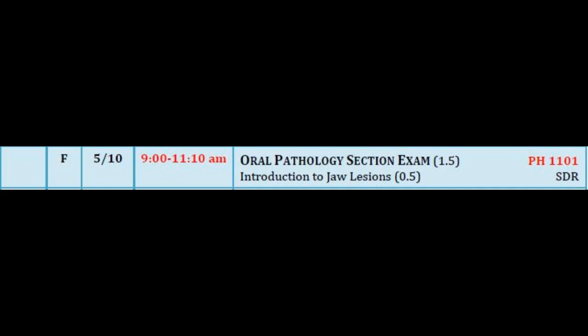We move on to something else, very common, and that is sialolithiasis. A lith is a stone. So sialolithiasis is the name of the disease that we get when we have stone formation within the salivary system.